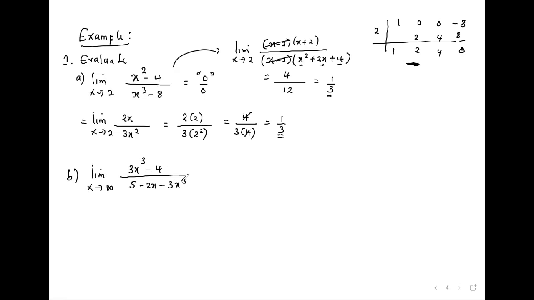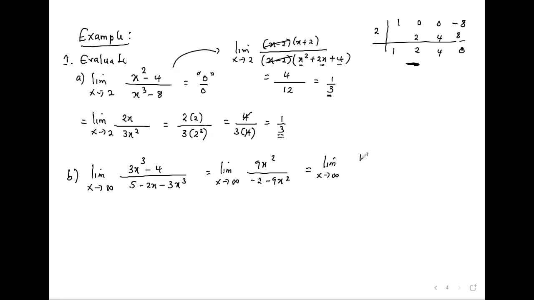It works for this also. If you substitute infinity, you have infinity over infinity. So what do you do? You differentiate. You get 9x squared. You also differentiate the bottom, you get minus 2 minus 9x squared. If you substitute, you have infinity over infinity, so you do it again.